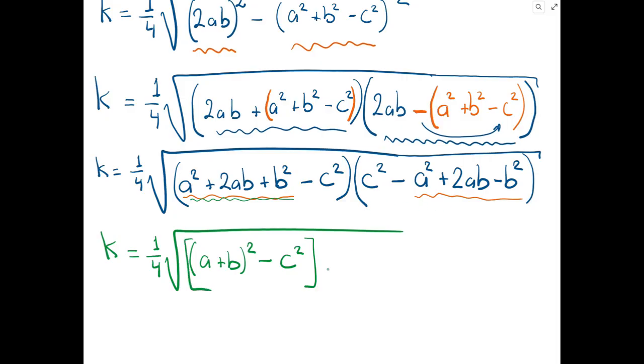And then the other one is going to be c squared minus, and then that factor will be a, oh, I think I have a sign issue somewhere. Where is my sign issue? Can you see it? I don't see it yet.